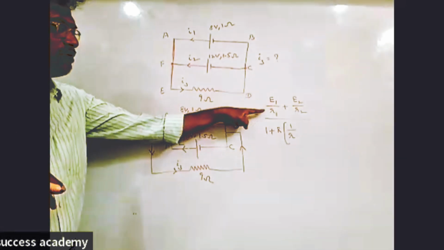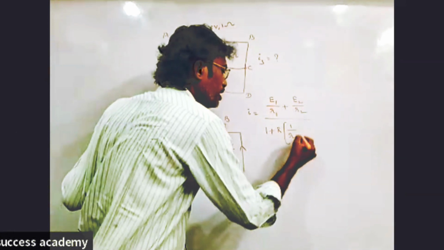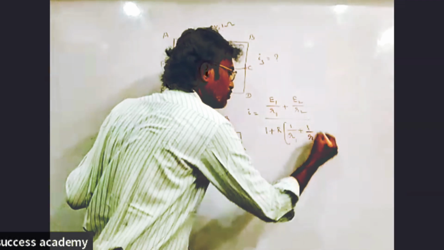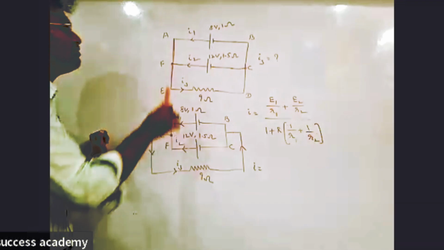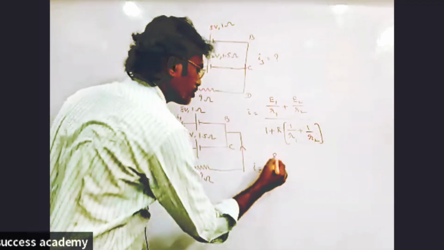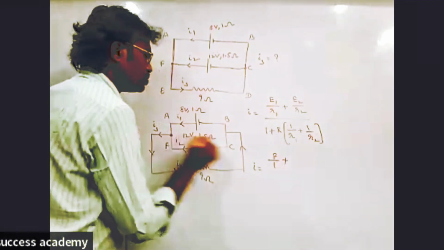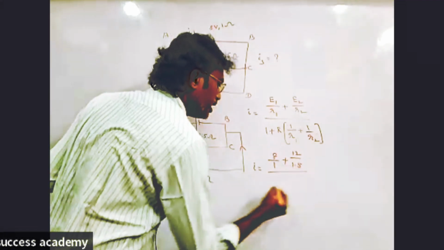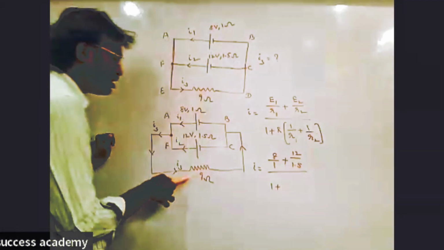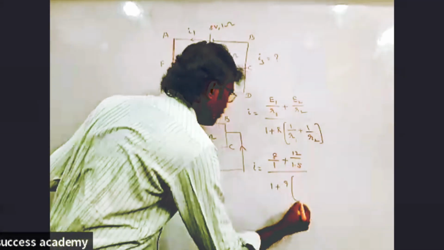I is equal to E1 by R1 plus E2 by R2, divided by 1 plus R into 1 by R1 plus 1 by R2. Now I is equal to E1. What's the E1 value? 8 volt. R1 is 1 ohm. E2 is 12 volt. R2 is 1.5 ohm, by 1 plus capital R, the external resistance 9 ohm, and 1 by R1.